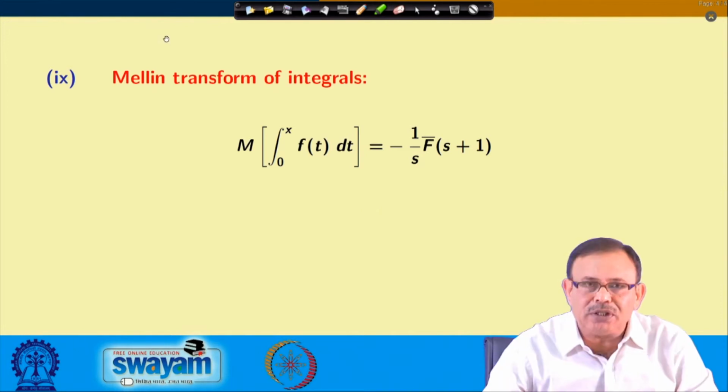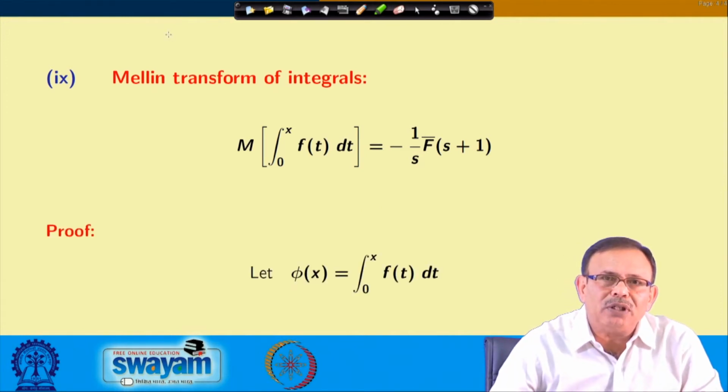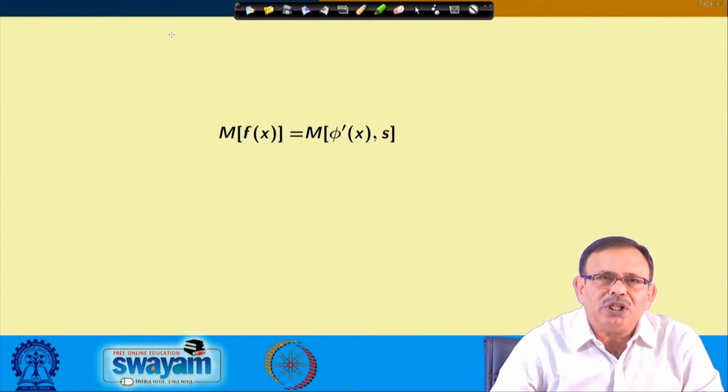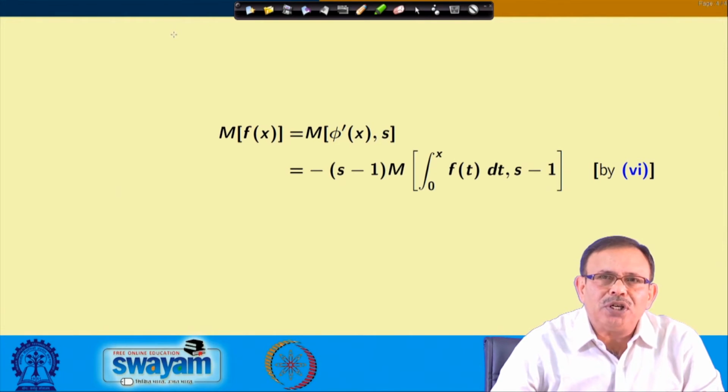So, let us quickly see this once more. We are assuming that phi(x) equals the integral from 0 to x of f(t) dt, so that you can always write phi dash x equals f(x), where phi(0) equals 0, which you can find from the integral itself. So the Mellin transform of f(x) equals the Mellin transform of phi dash x with the parameter s. Using property 6, that is the derivative property which we have done earlier, you can write this equals minus s minus 1 into the Mellin transform of the integral from 0 to x of f(t) dt, where the parameter is s minus 1.